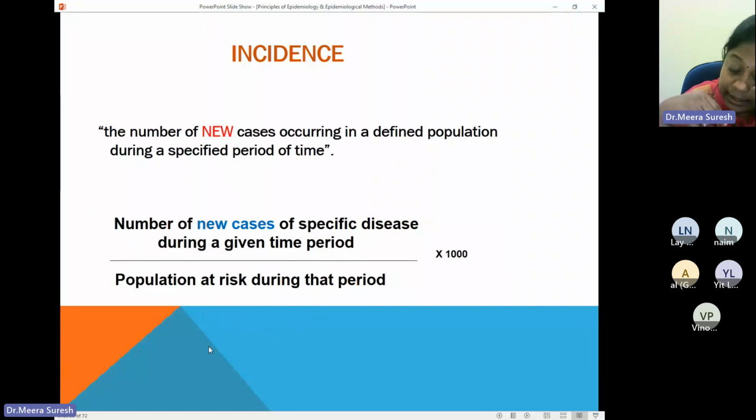In problem questions asked in the exam, they may give that out of 5,000 people at risk or the total population, there were 5 cases newly infected with that disease. Then our population at risk will become 5,000. So it can be the mid-year population or the total population at risk.